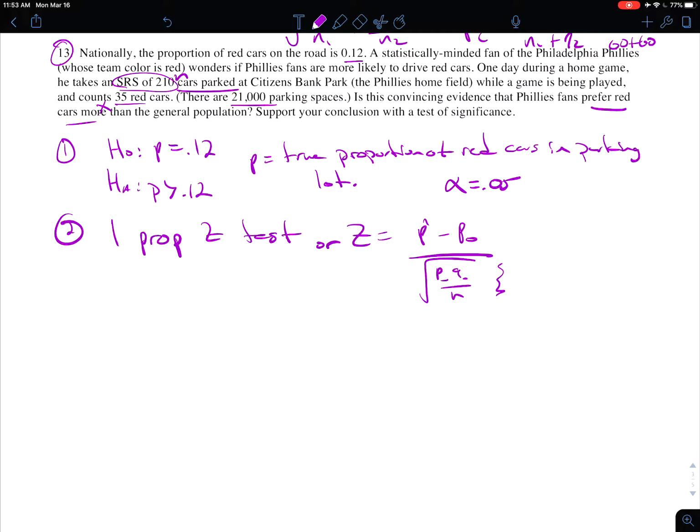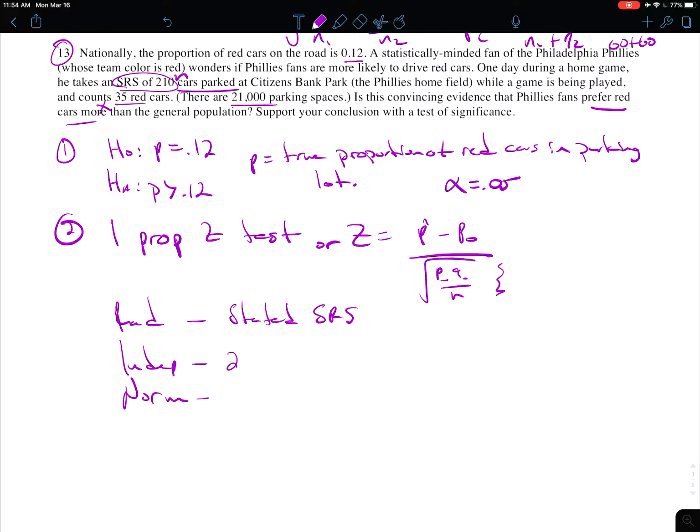Now in order to do this test, we need to check our conditions, which are random, independent, and normal. And it was stated that it was an SRS, so we'll go ahead and put that.